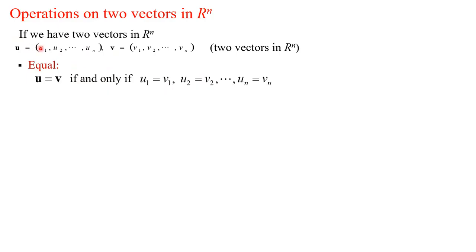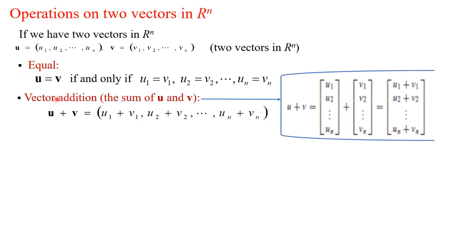The first component of the u vector will be equal to the first component of the v vector, and similarly the nth component of the u vector will be equal to the nth component of the v vector. So these two vectors will be equal only if they are equal term by term, component by component. The corresponding components must match.